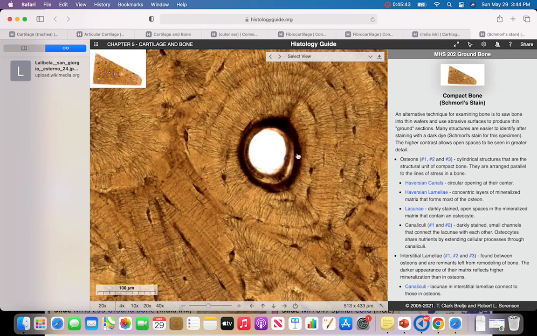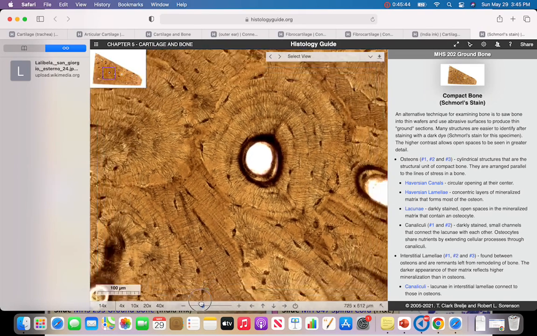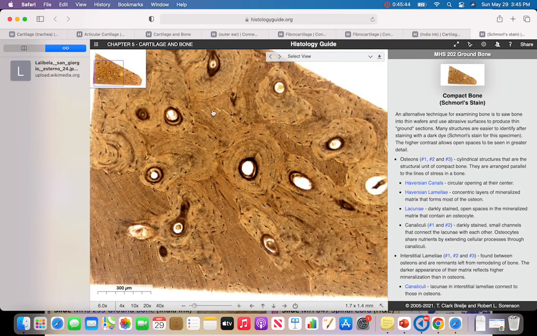This is the central canal, this is the concentric lamellae, and these are the lacunae occupied by a single osteocyte. These thin canals are known as canaliculi, and canaliculi allow communication between adjacent osteocytes. And these are interstitial lamellae.